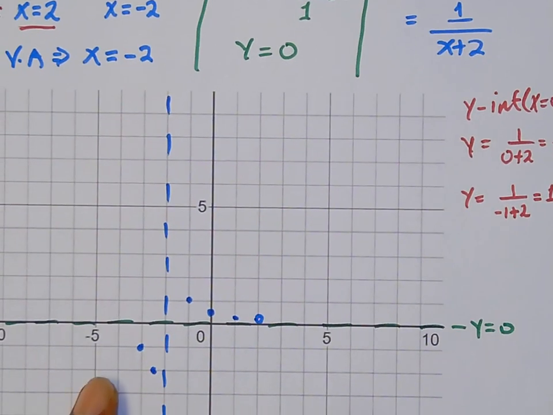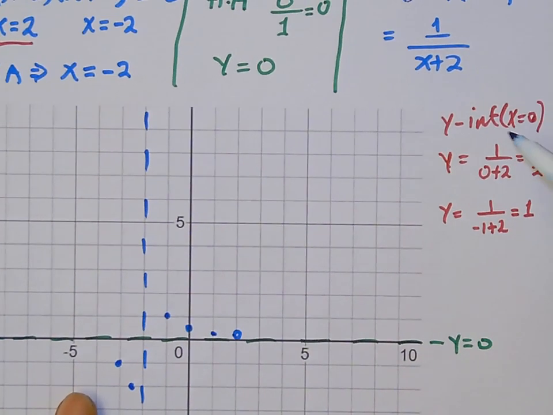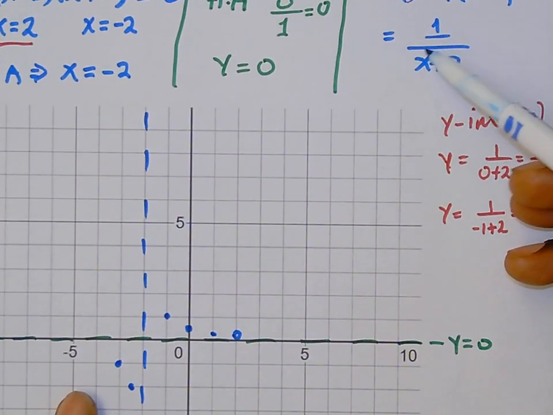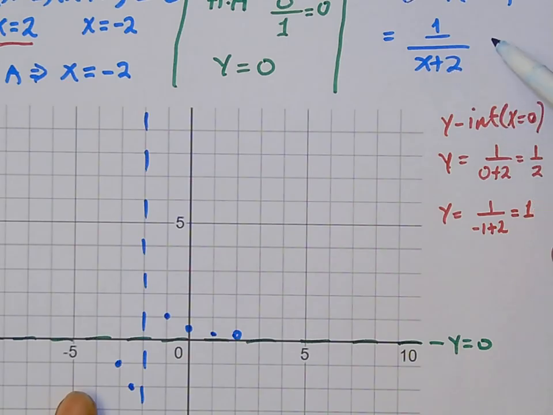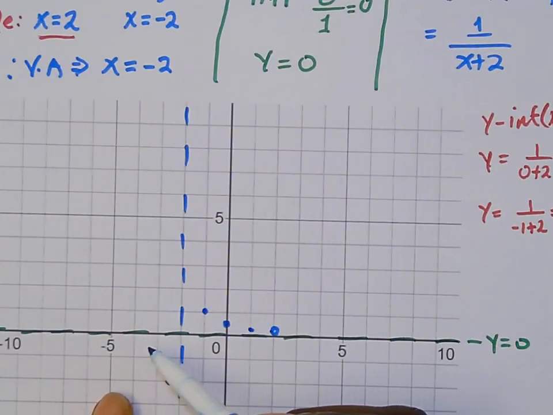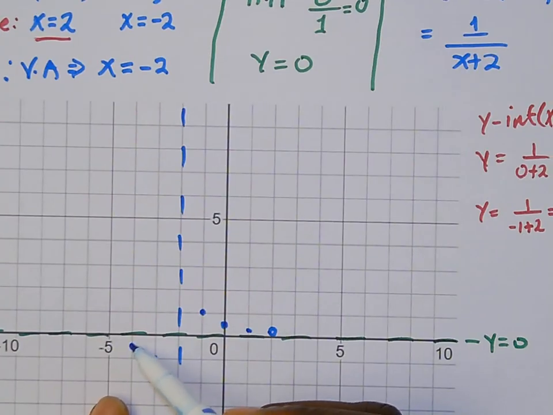How about I plug in -4? If I plug in negative 4 here, I get 1 over negative 4 plus 2, which becomes 1 over negative 2, which becomes negative 1/2. So when it's negative 4, I have negative 1/2 somewhere here.